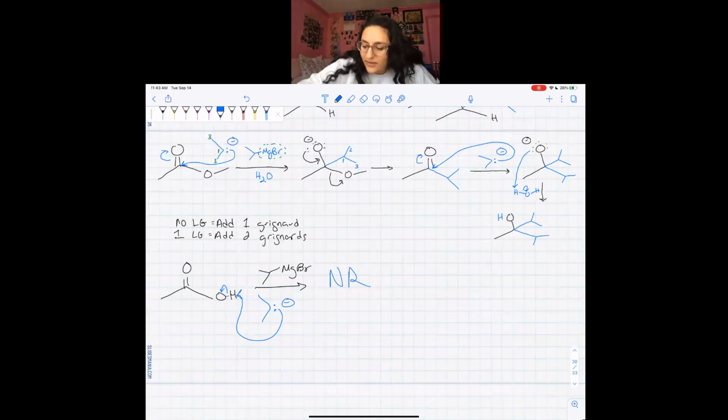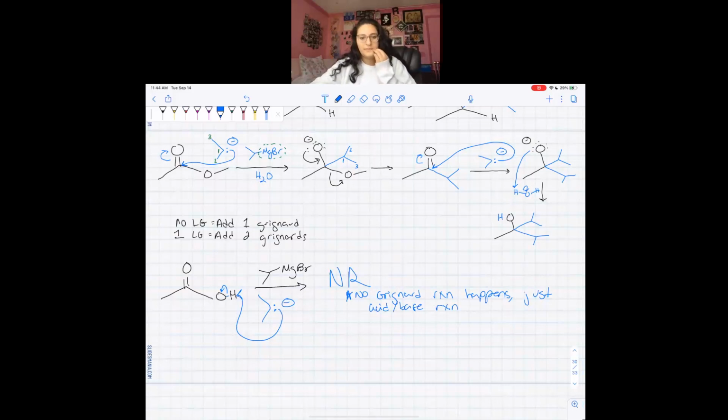So what I mean by no reaction is no Grignard reaction happens, just acid base. This would be the same thing if we had something like this, right?